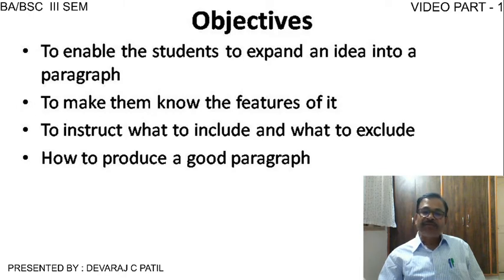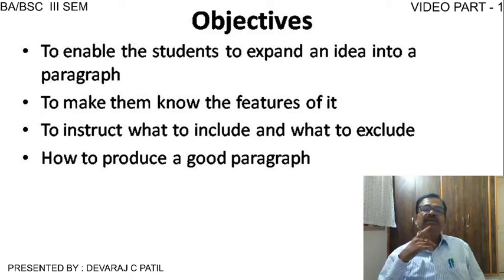And that paragraph may be an assertion, an argument, an explanation, or a clarification. All these facets together will form a paragraph. Here, with what objectives are we supposed to study what a paragraph is and what the features of a paragraph are?